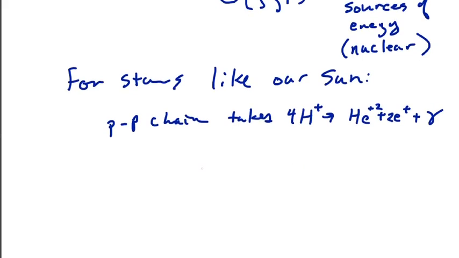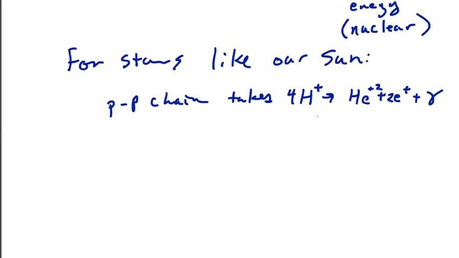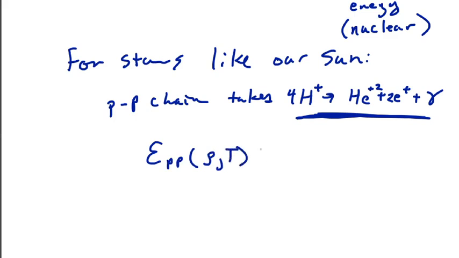Now, when we're considering this at a fluid level, we don't care about the particle level interactions like this. We care about the large scale contributions of these interactions to the fluid itself. And so we might parameterize the pp chain process epsilon as a function of rho and T. The actual functional form you can derive from nuclear physics, but it often becomes helpful to think of it in terms of power laws.